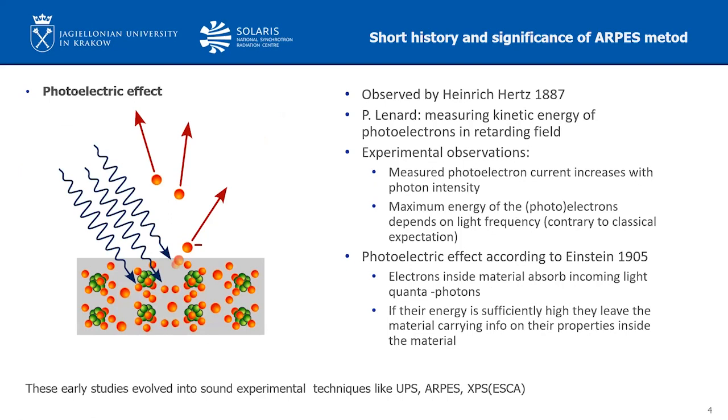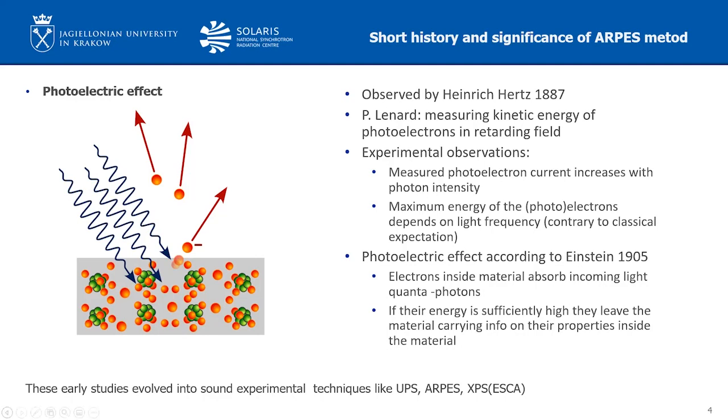The ARPES story goes back to the discovery of the photoelectric effect. The microscopic mechanism of this effect was later explained by Einstein when he introduced the concept of the quantum of light, the photon.